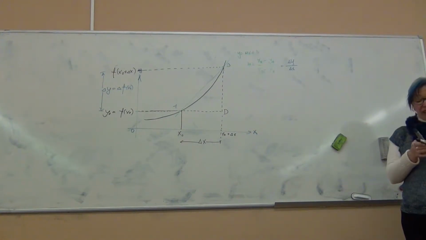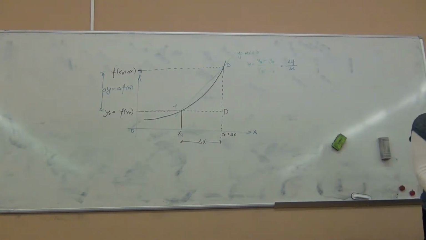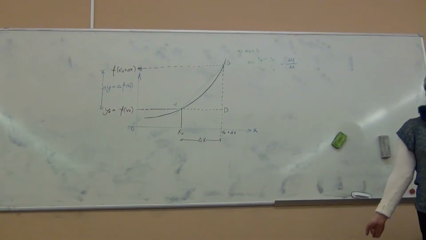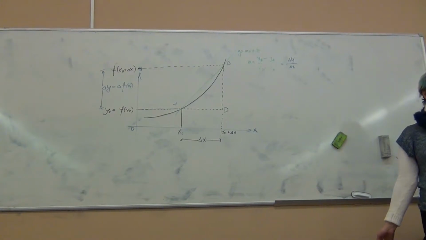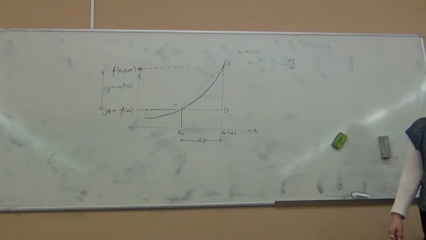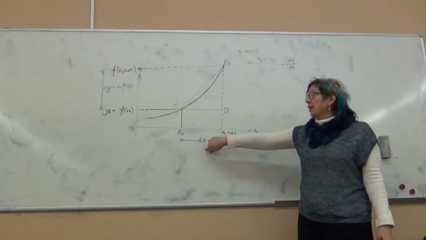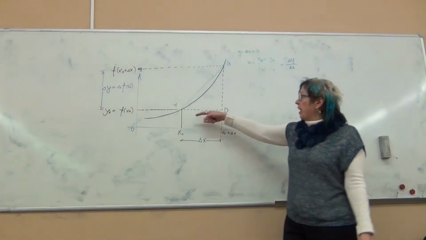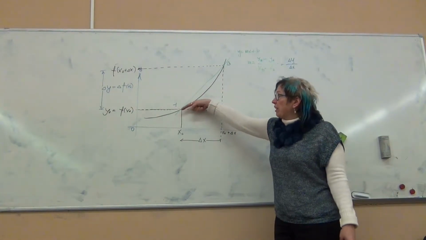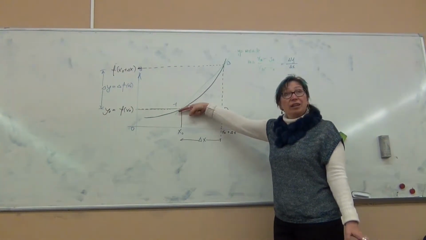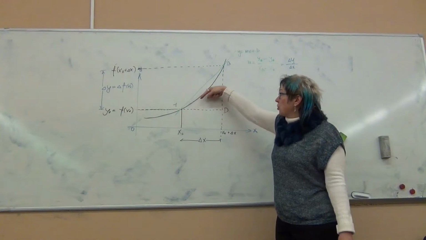So can I say that the slope of the line AB characterizes the rate of change of this function? On the average, perhaps, but not exactly. It depends on the length of delta x, because we see that here the slope is lower, and here the slope increases.